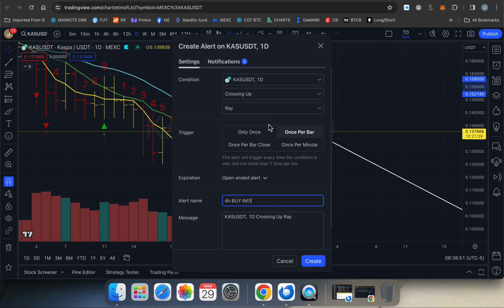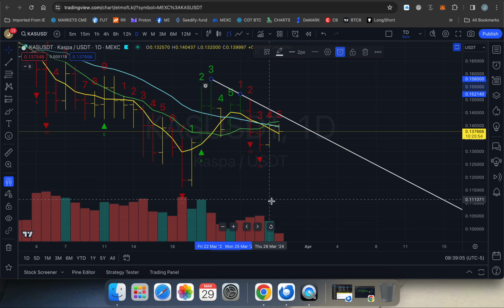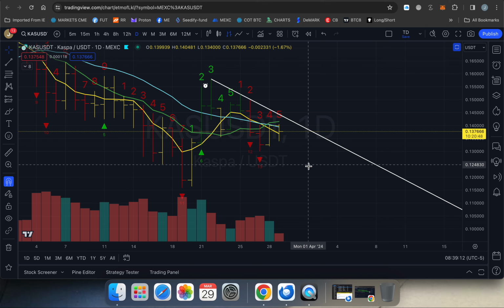So I'm going to set an alert on it, crossing up once per bar, a 4 hour. I remind myself to go to a 4 hour chart to buy in, is what I'm saying here. That's what I like to do. If I don't have a 4 hour setup, that's a little better way to time your buy point, what I call your trigger.